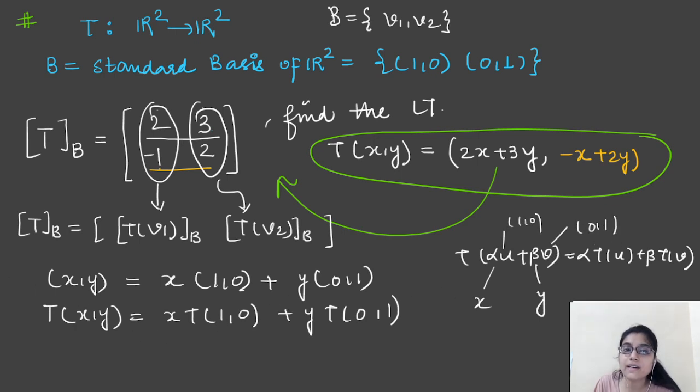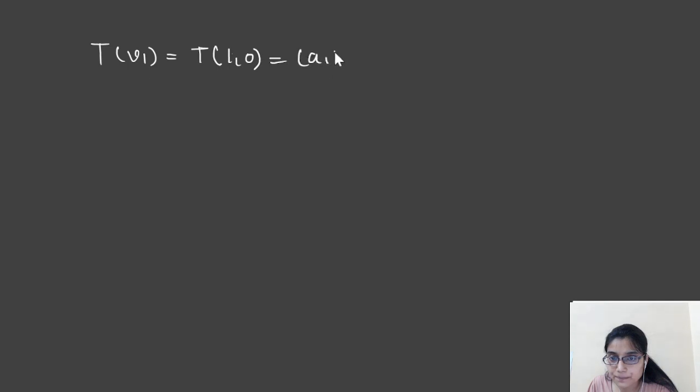And the important thing here is that T of v1, that is what you got here, is T of 1 0, because we have the v1 member as 1 0. There is a very important thing that you need to understand. What is that important thing? Suppose this came out to be any general vector a comma b, fine.